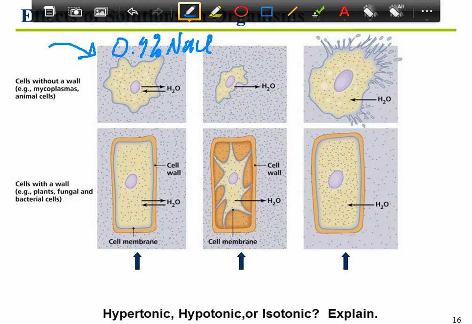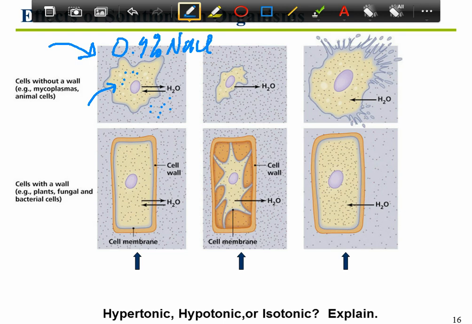When a cell, and let's say that this is a pig blood cell, it doesn't look like one, but make believe it is. You could have used epithelial cells from your mouth, it doesn't matter, would have done the same thing. You put any kind of cell into an isotonic solution, the solute concentrations inside the cell and outside of the cell are equal. In other words, the little dots of purple that you see out here, that tonicity is exactly the same as the tonicity inside of the cell.